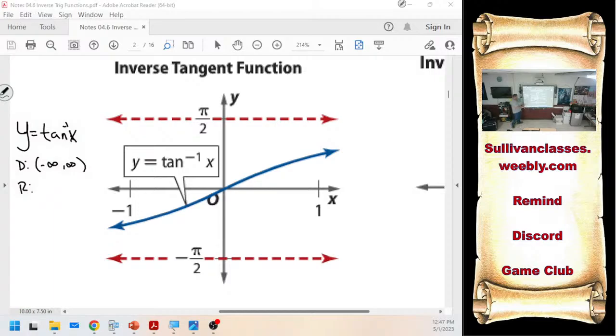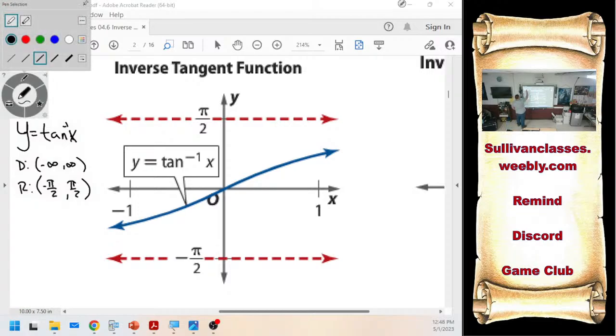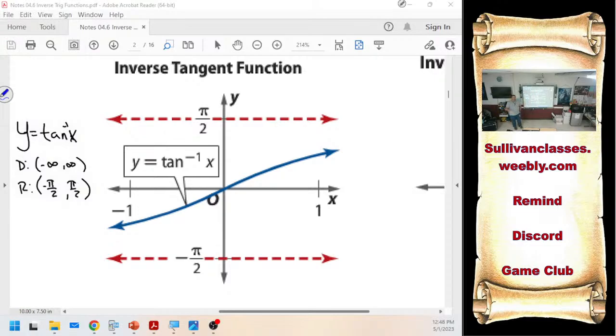Yep. -pi/2 to pi/2. Parentheses or brackets? Because I got asymptotes now. There were vertical asymptotes, so now there's horizontal. Also, if you want the cheater way to make these, when do I have a tangent value of 1? On a unit circle, tangent of what angle is 1?